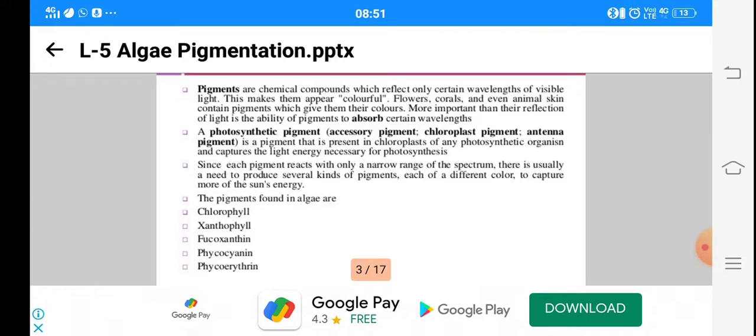Already we know chlorophylls are pigments, chemical compounds, that absorb different wavelengths of visible light and are therefore colorful. Flowers, corals and animal skin contain pigments with different colors.